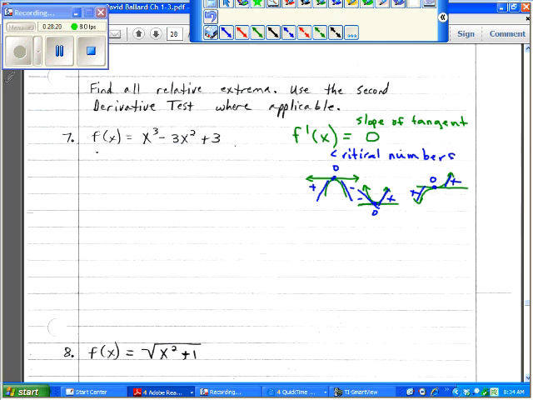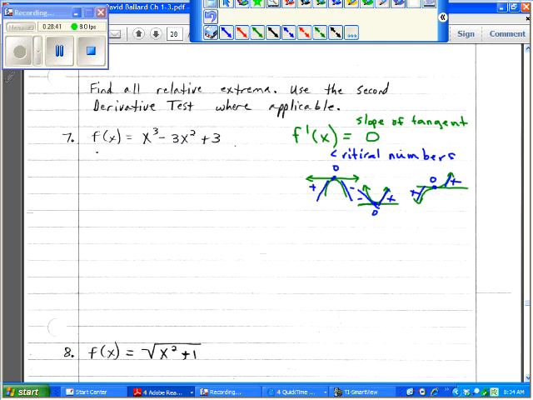Could we take those critical numbers and plug them into the second derivative to find out anything? We've usually found critical numbers and intervals in the first derivative, and we took our test points from the second derivative and found intervals in the second derivative.